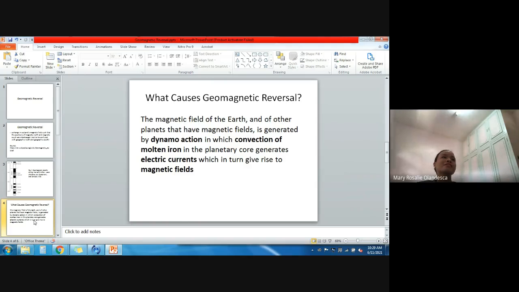So what causes this geomagnetic reversal? Okay, the magnetic field of the Earth and of other planets that have magnetic fields is generated by dynamo action. And this dynamo action is the convection of molten iron in the planetary core that generates electric currents, which in turn give rise to magnetic fields.